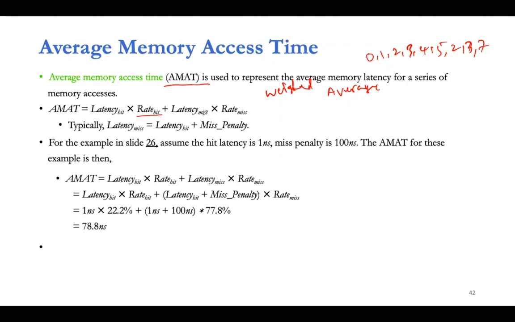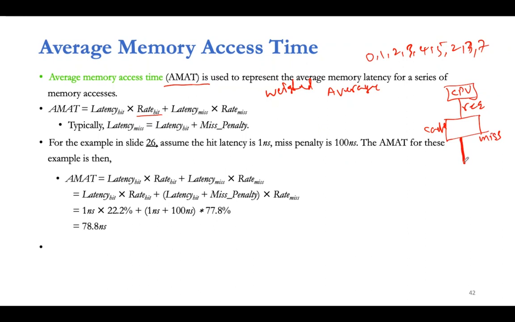Similarly, the miss latency is combined with the miss rate. If you recall our previous lecture, when a CPU request is given to the cache, if the requested data is not there, that means it is a miss.